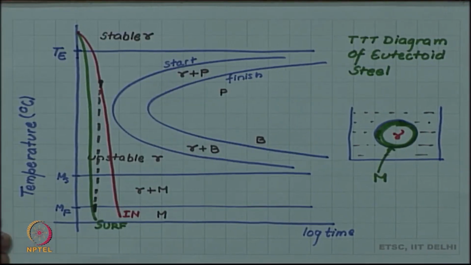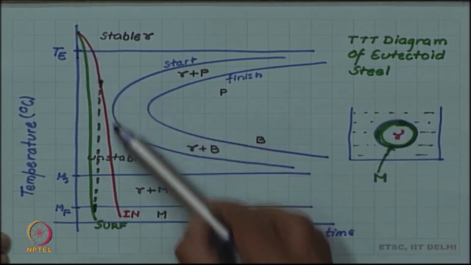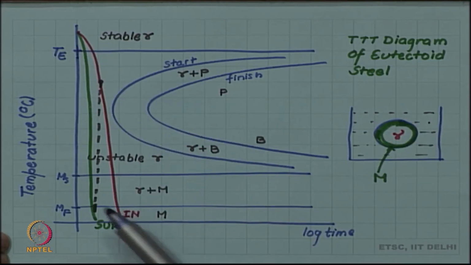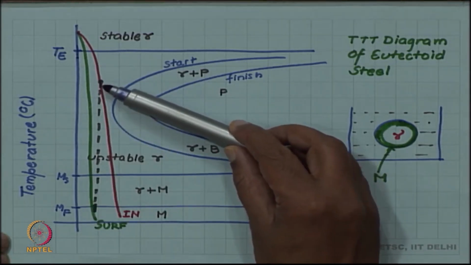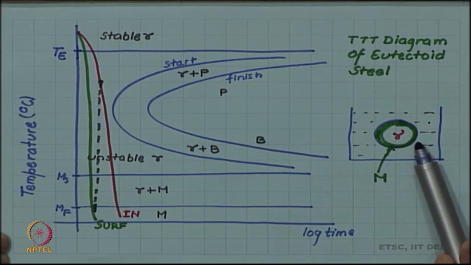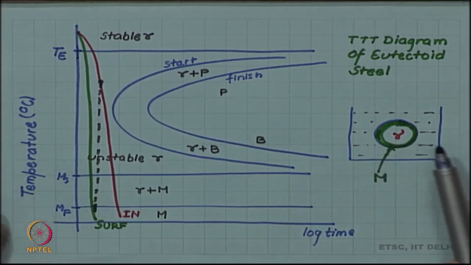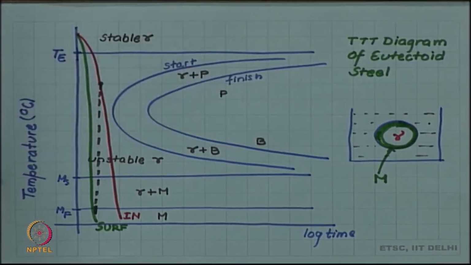So, we have seen that the residual stress develops because the component size is large and the inside, the red line, cools slower than the outside, the green line, the surface. So, when the surface has formed martensite, the inside is still warm and it is still austenite, and when that austenite wants to transform to martensite, the volume expansion is resisted and residual stresses and cracks may generate.